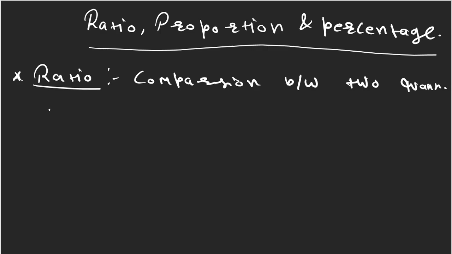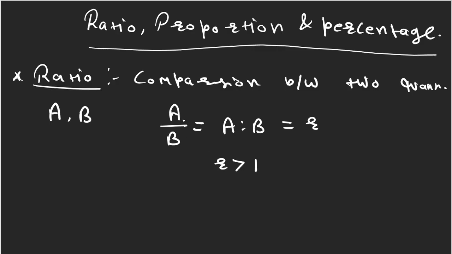Suppose one quantity is A and the other quantity is B. Then the ratio of A to B will be written as A by B, or A is to B. If this ratio is R, and R is greater than 1, then A is greater than B. If R is less than 1, then A is less than B. So ratio will compare two quantities. Simple, nothing more in this ratio.